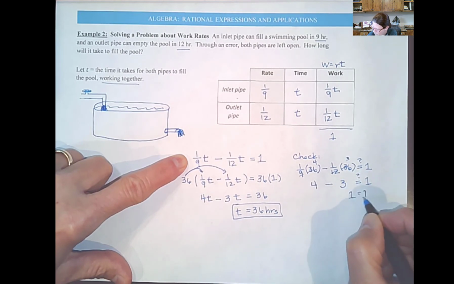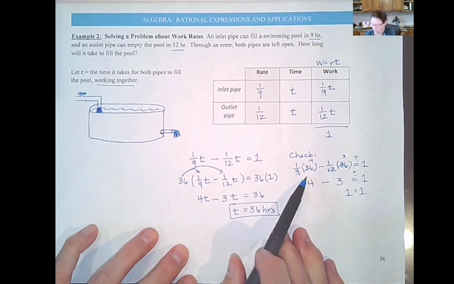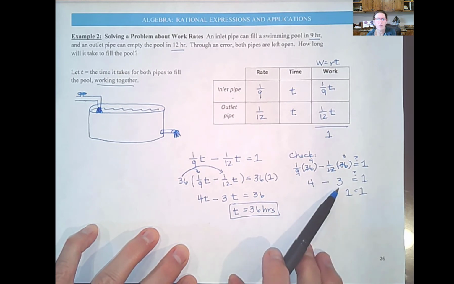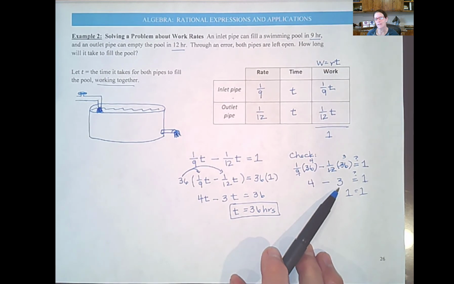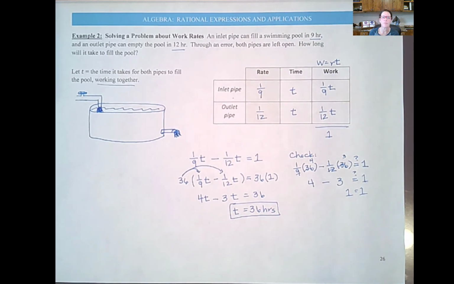Yes, it sure is. And what's happened here is that that inlet pipe has done enough work to essentially fill the pool 4 times. Meanwhile, the outlet pipe has done enough work to drain it 3 times. Fill it 4 times, drain it 3 times, we end up with 1 complete job, or the pool finally being full, and hopefully someone goes out there and closes both of those pipes.